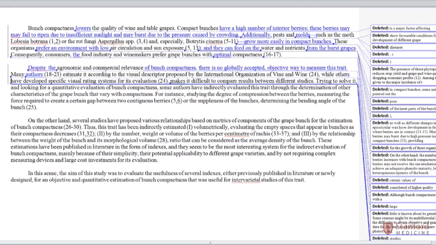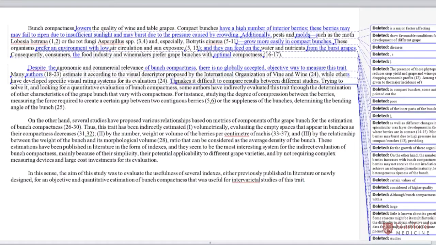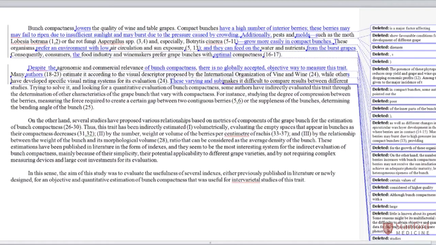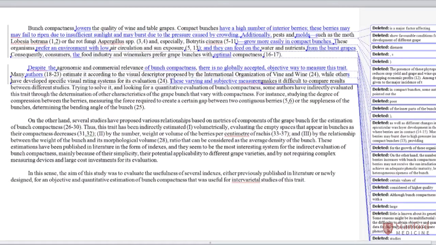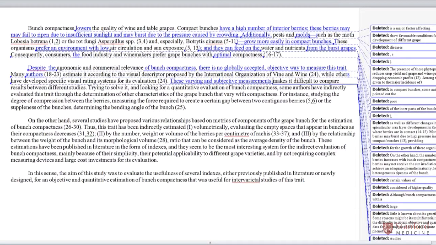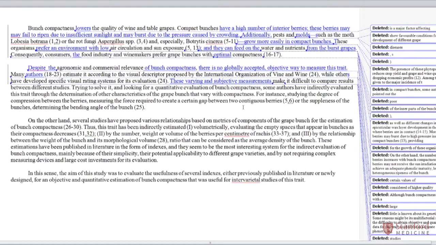So many authors estimated according to this wine society, while others have developed specific visual rating systems for its evaluation. And then maybe we put something like these varying and subjective, because obviously visual is subjective, varying and subjective measurements make it difficult to compare results between different studies. So obviously that's a bad thing in terms of being able to study bunch compactness if you don't even know how to measure it.